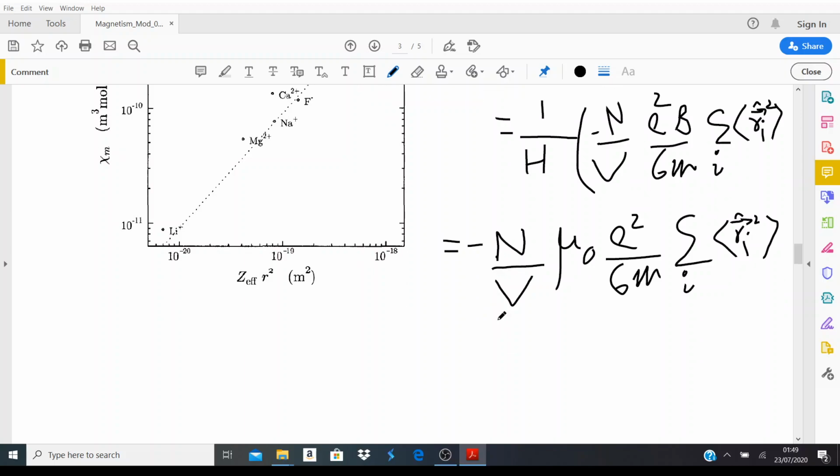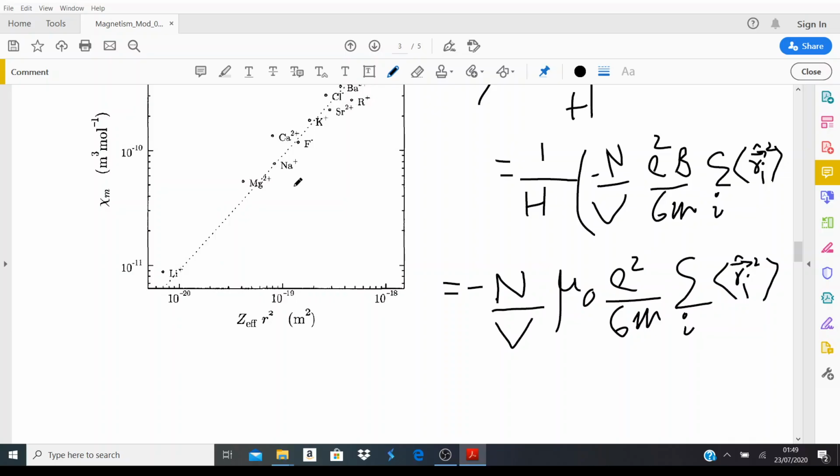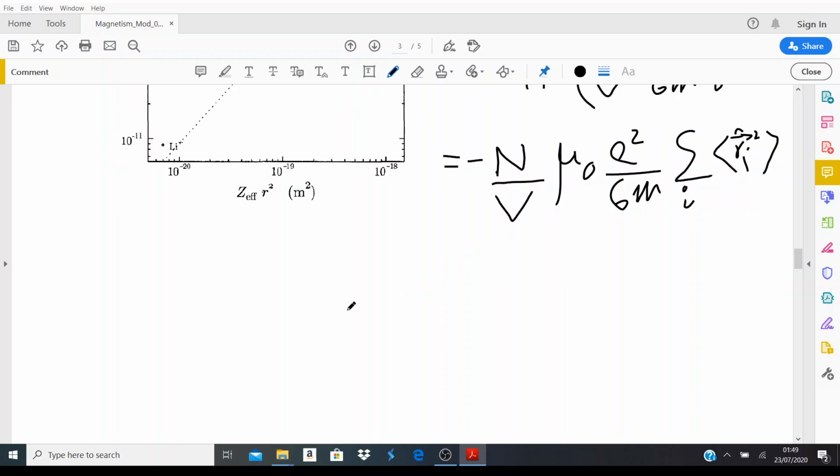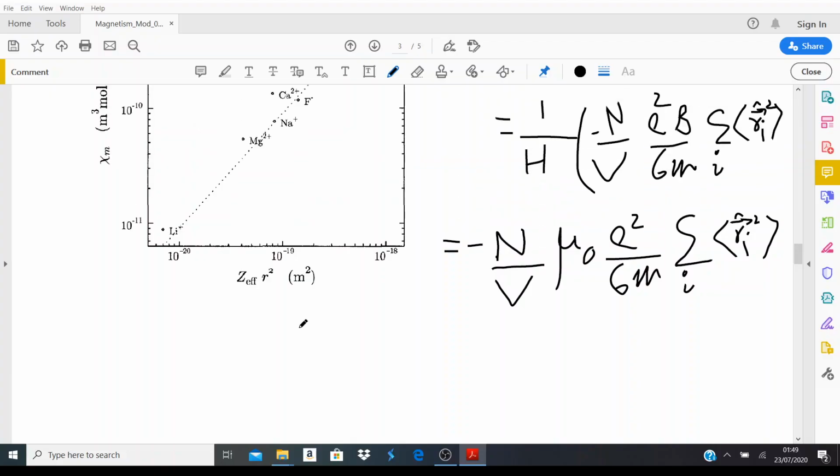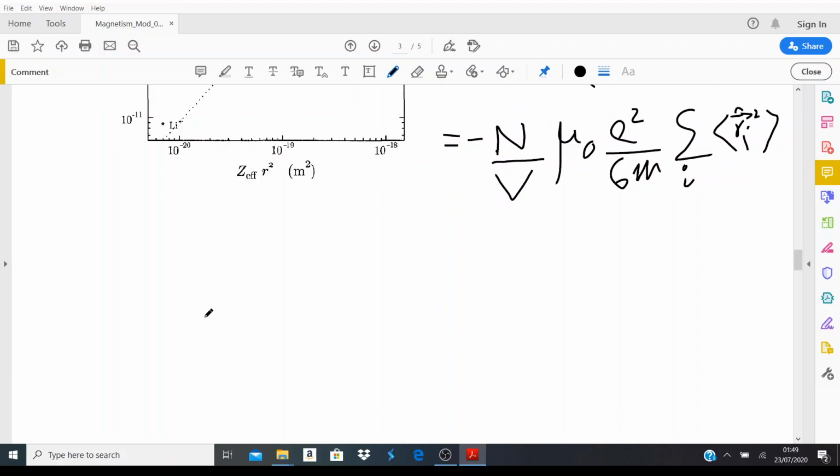Now let me tell you one thing. If you look at this graph, like this experimental data, they are plotting something known as the Z effective. I mentioned in one of the previous lectures that I will explain it at some point. Let me explain it now. The idea goes something like this: to fit this data with the expression, let us say we are considering some ion or some atom, it doesn't matter, as long as we have a closed shell structure.